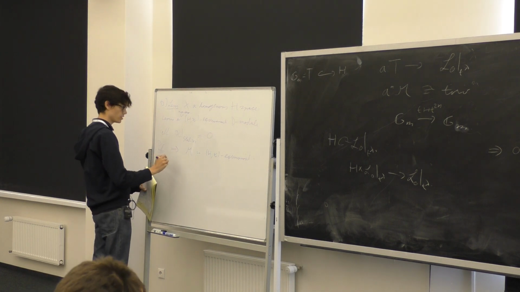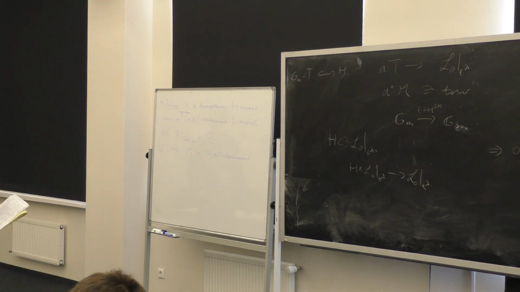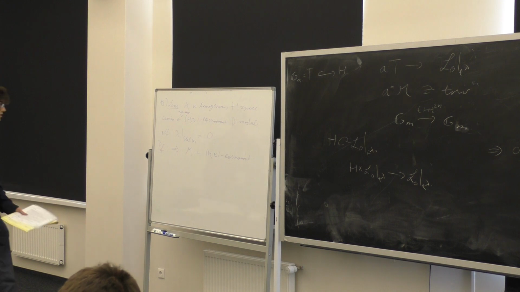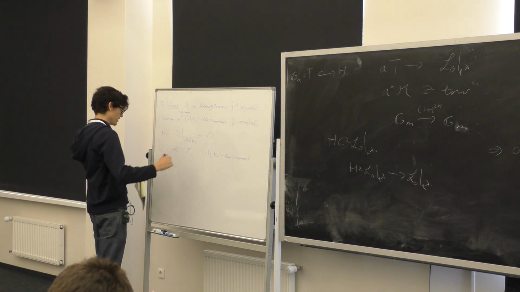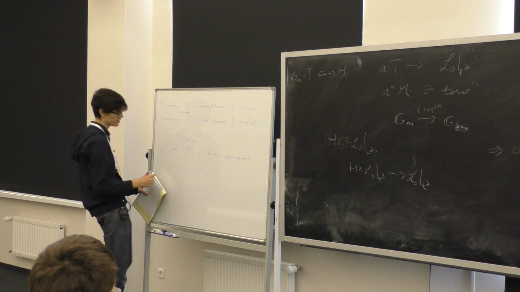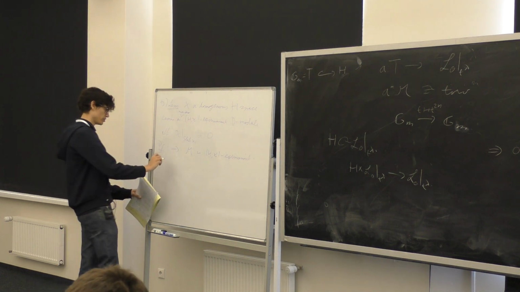So, it's basically the same idea as we had there. What does this H chi equivariant mean? Let me write it out.